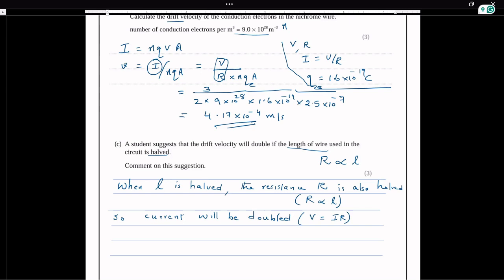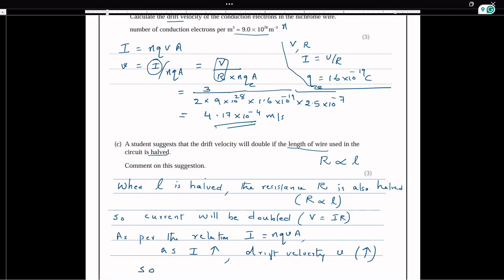Now we have the relation, so we can write I equals N Q V A, where V is the drift velocity. As I increases, drift velocity V increases.